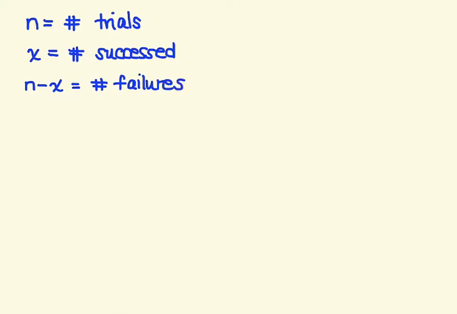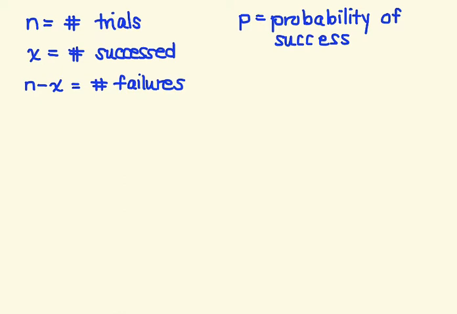Now P, let's put another variable over here, P represents the probability of a success. And Q represents the probability of a failure.